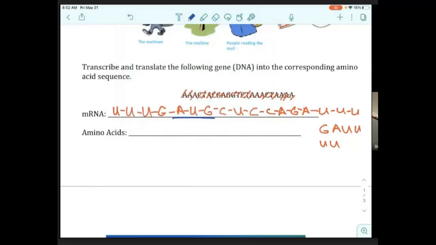So let's box in or frame the first codon, AUG. And so that tells us where the first codon is, and then every 3 afterwards is going to be a codon. Remember, codons are always 3 nucleotides long.